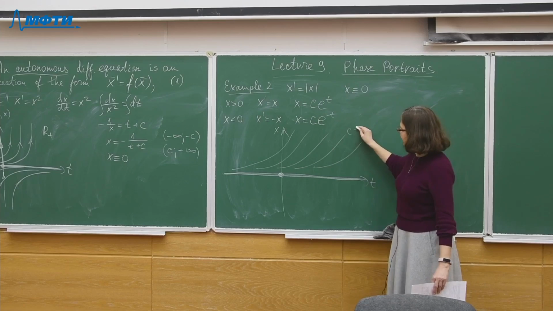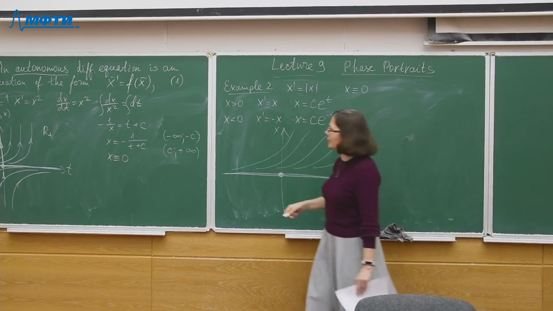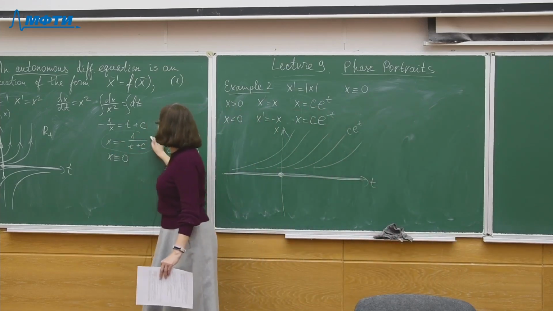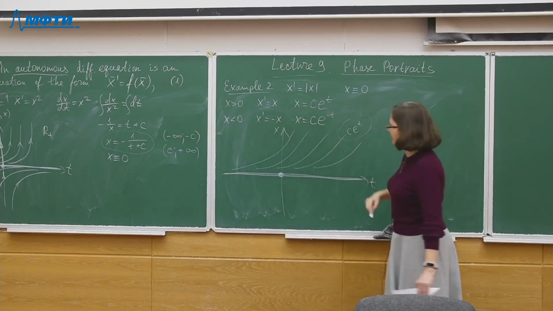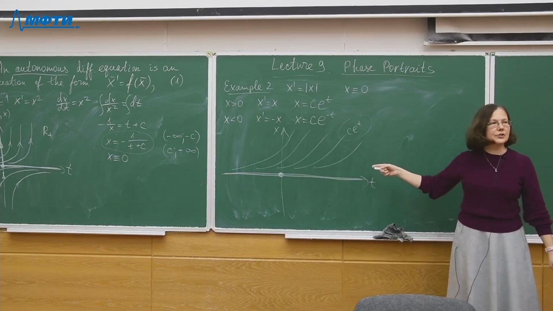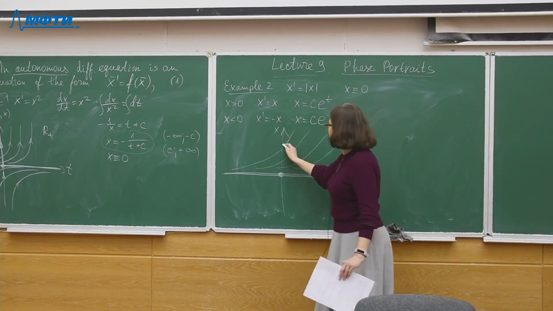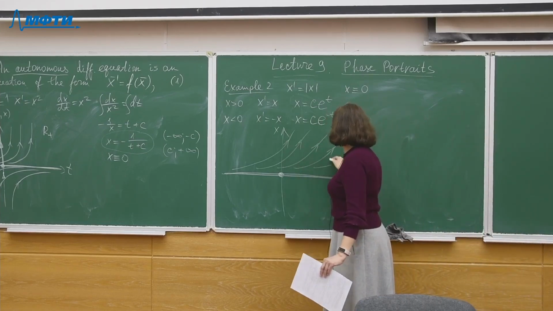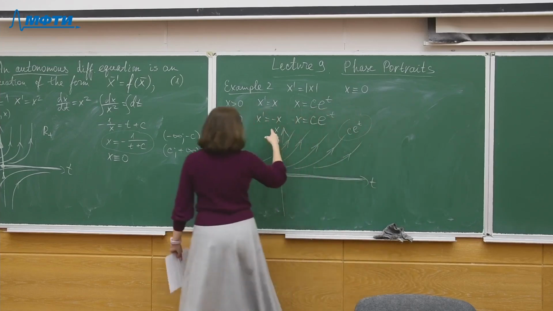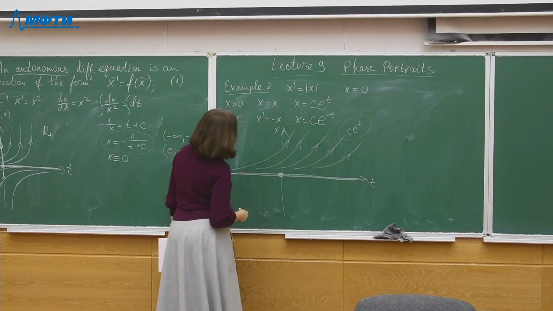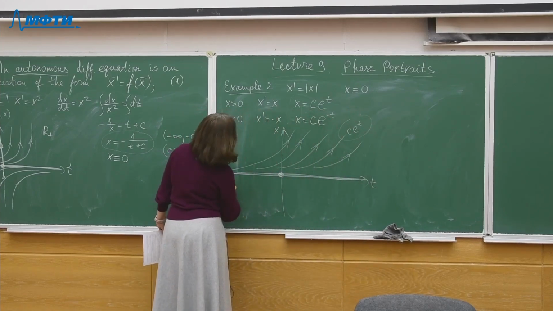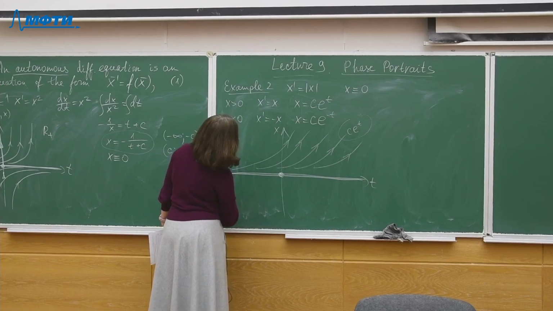So c e to t is different from this equation, right? These equations are different, and there are no vertical asymptotes here. But now, in this case, we have c e to negative t.